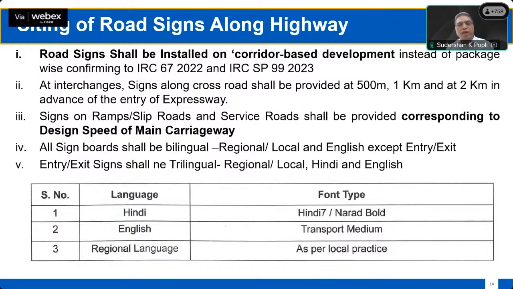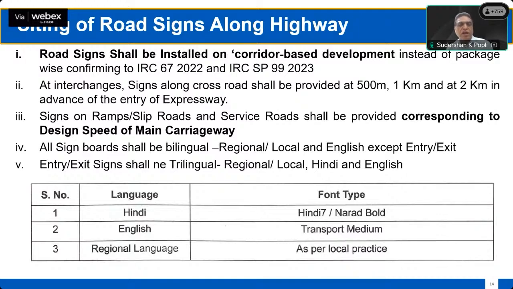The traffic may be flying at a higher speed, and then the visibility of the signs gets affected. This has been reported by safety auditors at different recently installed locations. So this should be taken care of, that all the signs on these ramps, slip roads and service roads shall be designed corresponding to the design speed of the main carriageway.